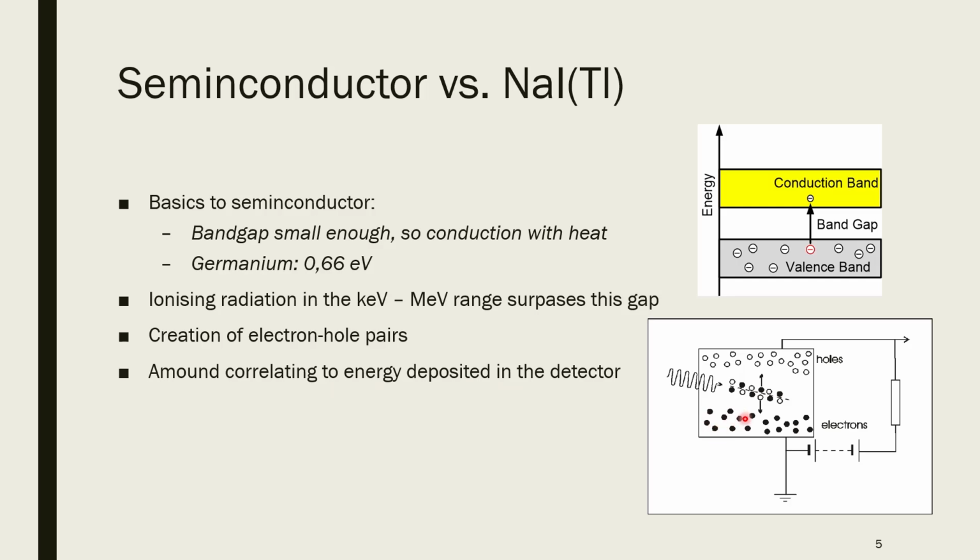The more energy is deposited in the germanium detection crystal, the higher the amount of excitons is. So if we have a high energy photon and it deposits all of its energy into the germanium crystal, you will see a difference in the amount of excitons created as opposed to a lower energy gamma photon, which will not produce as many excitons. This was a very short overview on how semiconductors work.